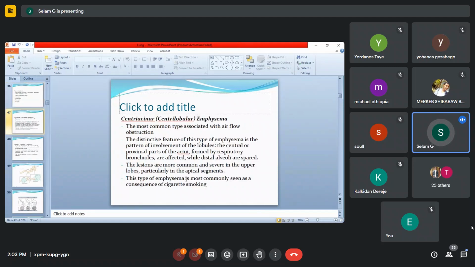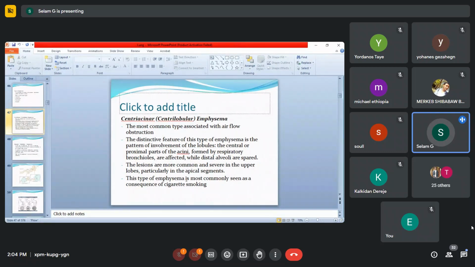So when we see centriacinar or centrilobular emphysema, the most common type associated with airflow obstruction, the distinctive feature of this type of emphysema is the pattern of involvement of the lobules. The central or the proximal part of the acinus, formed by the respiratory bronchioles, is affected, while the distal alveoli are spared.